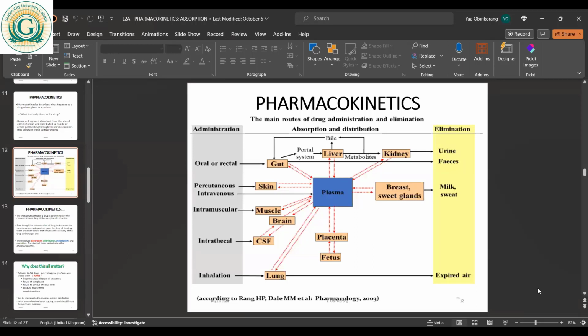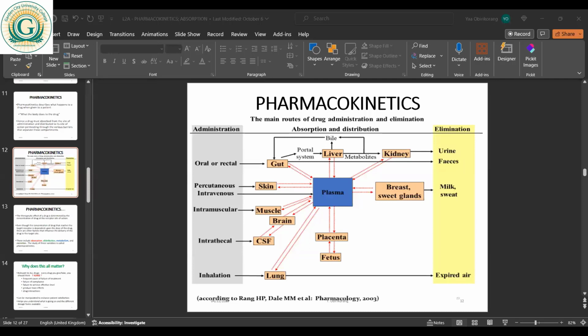Drugs that use the oral route and the rectal route would go through it, though for the rectal route I need to be cautious there.